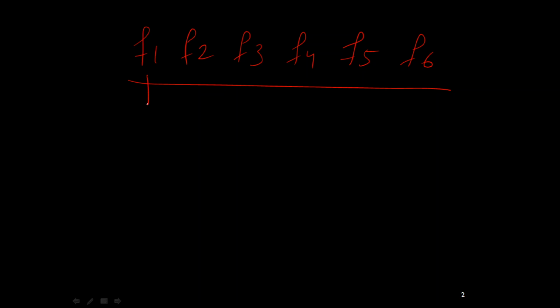Now if I give you a number F1, F2, F3, F4, F5, F6. Now in case I have F1, what is the situation? Is it symmetric or non-symmetric? The rule is very simple.